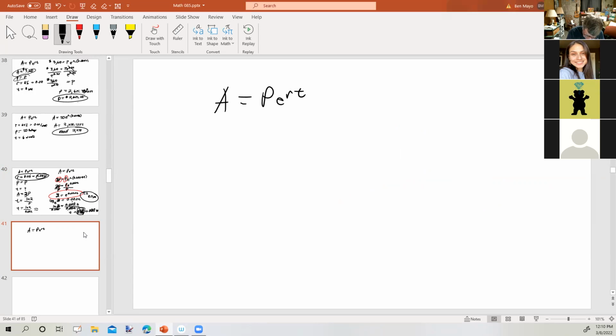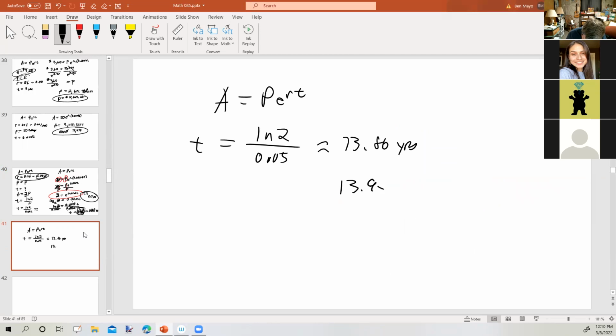But because we're doubling it, okay, it says how long, so the time would be the natural log of 2 divided by the annual rate, which is 5% or 0.05. So natural log of 2 divided by 0.05 equals 13.86 years, and they say they round it to the nearest tenth of a year.